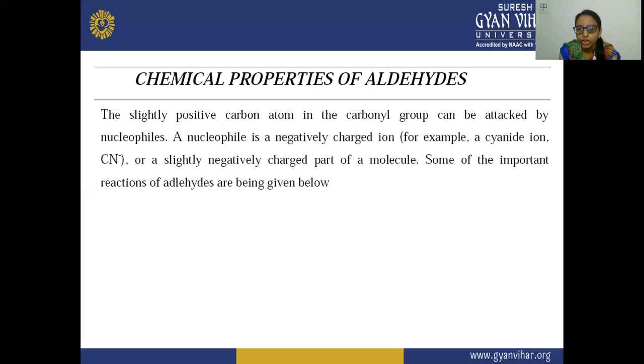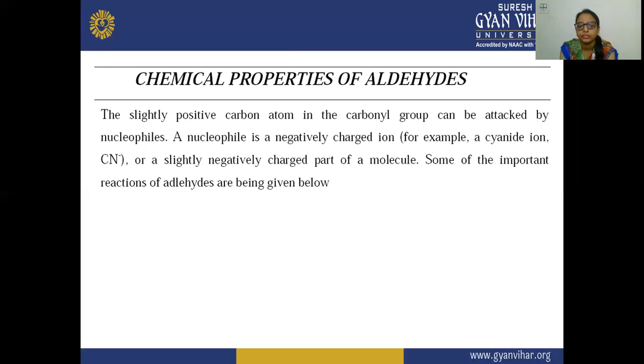This slightly positive carbon can be attacked by a nucleophile, means the nucleophile is electron donating. This nucleophile has a property that it can donate electrons to the electron deficient atom. So this nucleophile is a negatively charged ion which is going to donate an electron pair to this carbon and form a bond there, for example a cyanide ion.